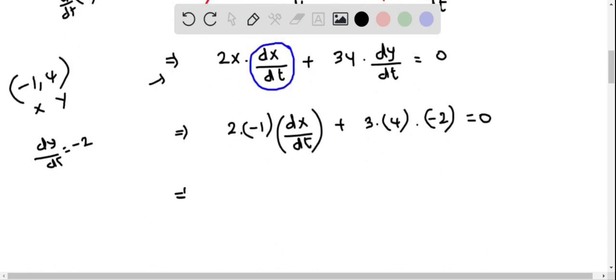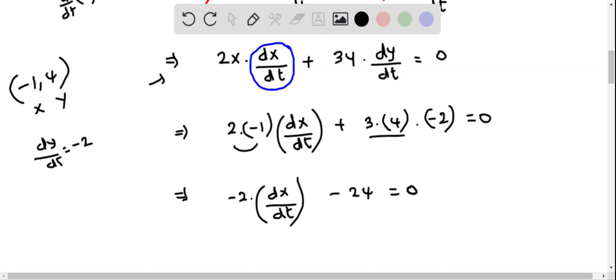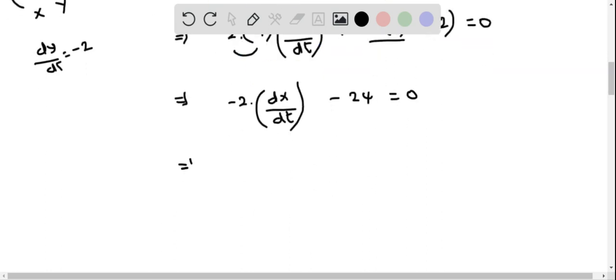And so this gives 2 times negative 1 is negative 2 times dx over dt, and 3 times 4 is 12, and 12 times negative 2 is negative 24, and this equals 0. Now let's add 24 to both sides.